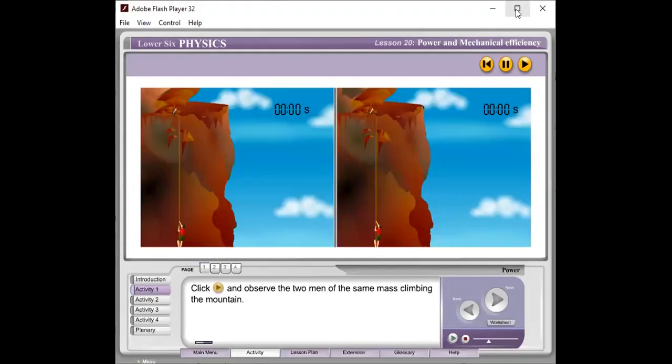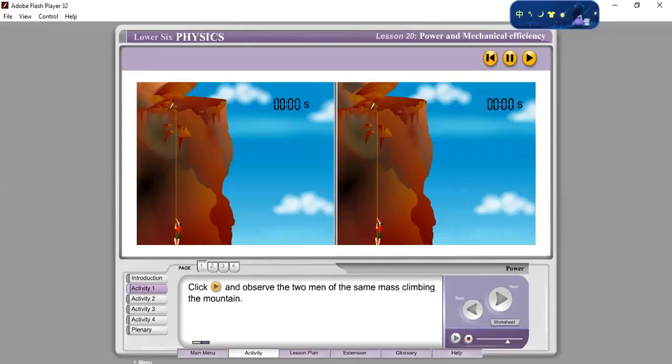Click the play button and observe the two men of the same mass climbing the mountain.